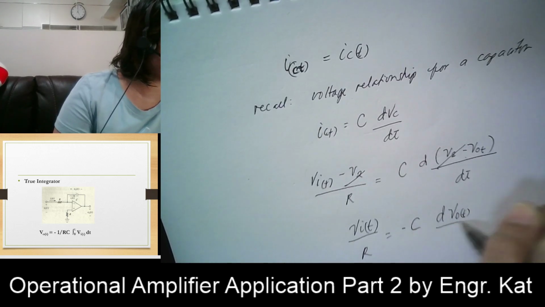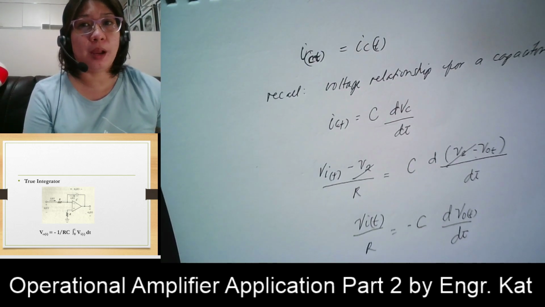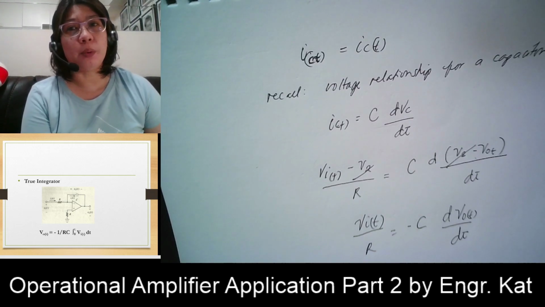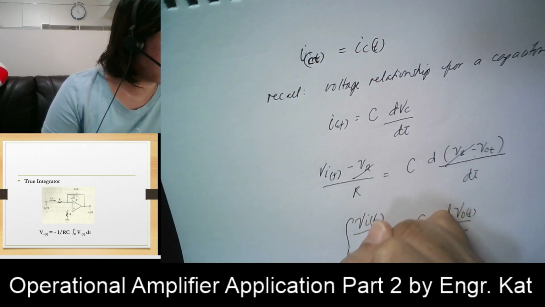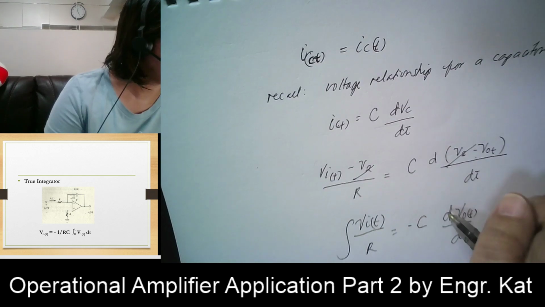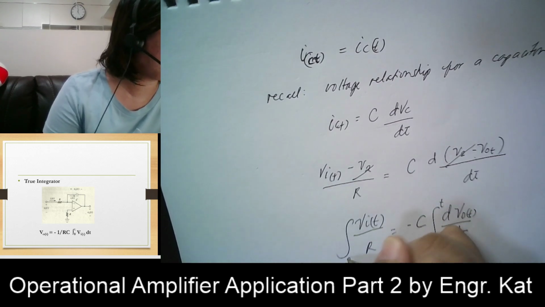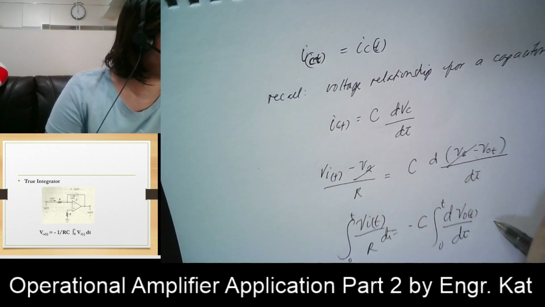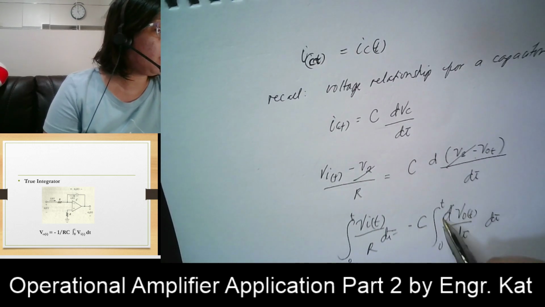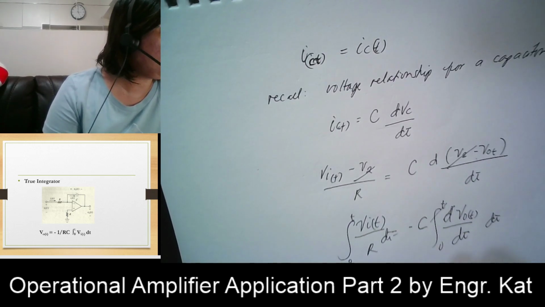To remove the derivative, we have to integrate both sides of our equation, from 0 to t, with dt on both sides. What happens now is the derivative will be canceled out, and that will give us our output voltage.